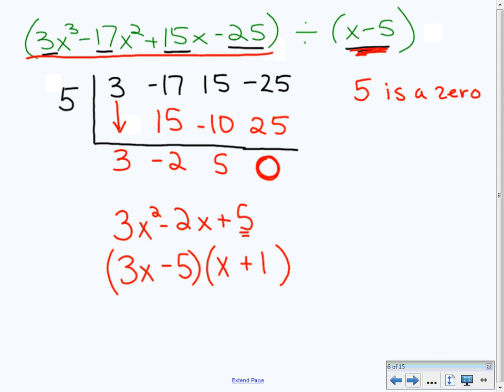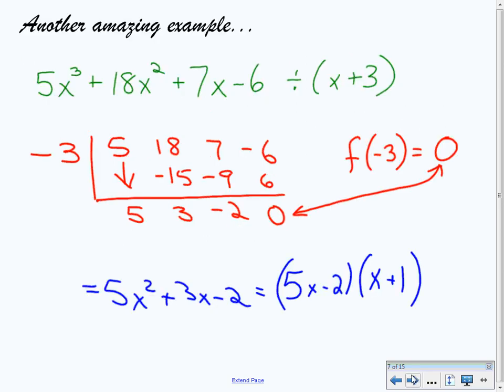So 3x squared, in between term will be negative 2x, and final term will be not plus 5. All right, so it does not factor to be that. In fact, I think it is unfactorable is my guess right there. So either way, we found out that 5 is a 0, and we might have found out that there are no other zeros for it.